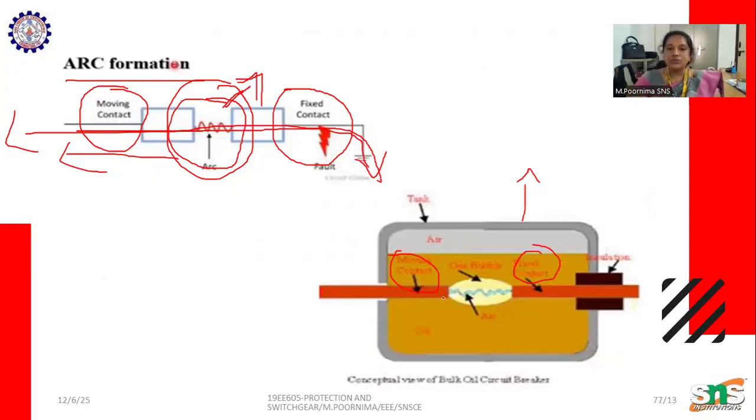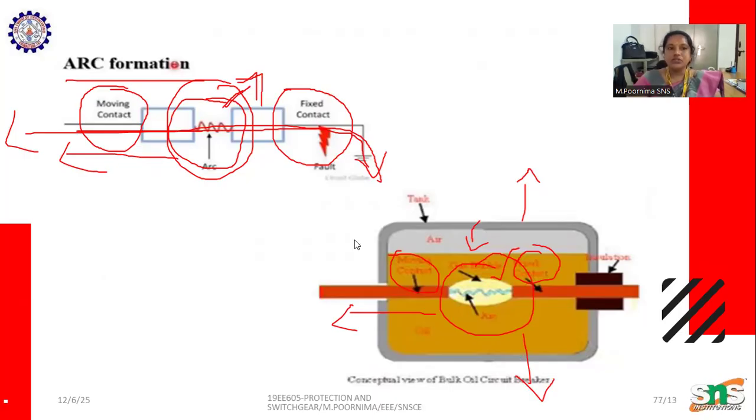When the moving contact moves this side, the arc is produced. Here we have air, space, oil, etc. This is the basic of arc formation.